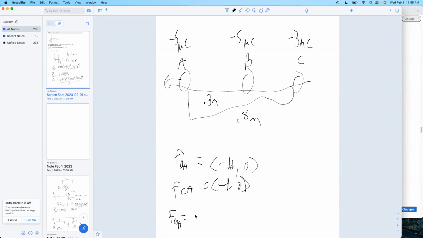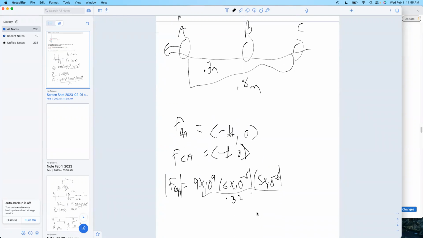So B on A will be 9 times 10 to the 9th times 5 times 10 to the -6, another 5 times 10 to the -6 over the distance 0.3 squared. And that's magnitude. And then same thing for C, and then you literally just add those numbers together because they're all in the X direction.